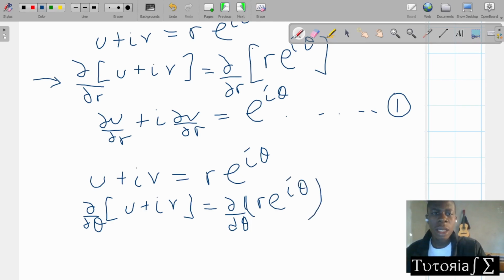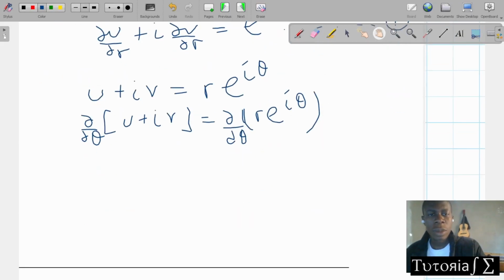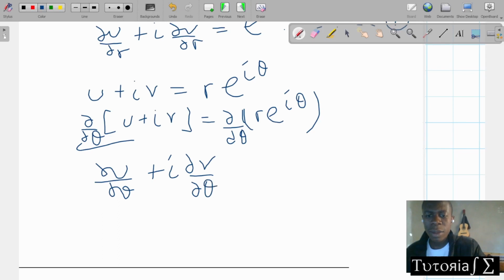So now our derivative here will be du/d theta plus i dv/d theta equal to, and on this part same applies. This r doesn't have any theta, so our concentration is e to the i theta.